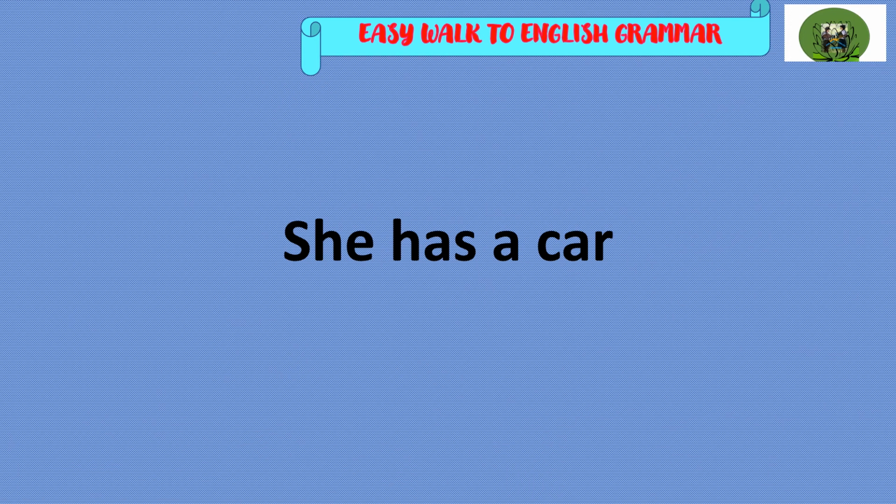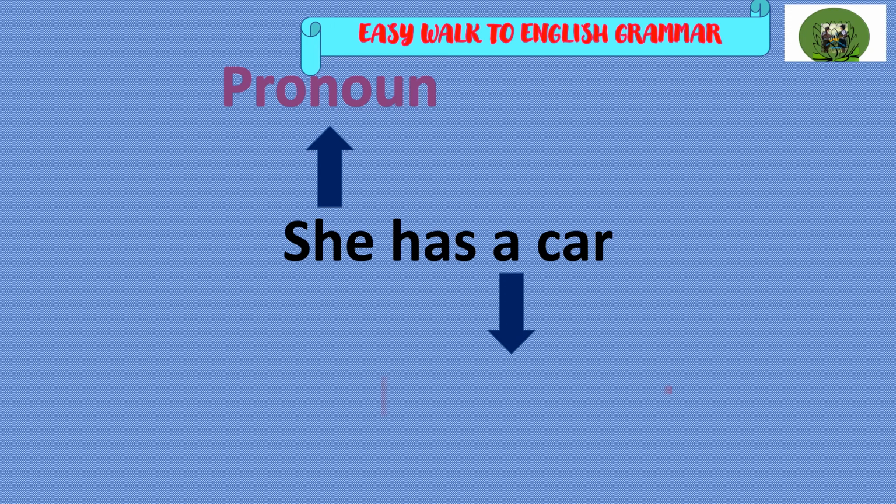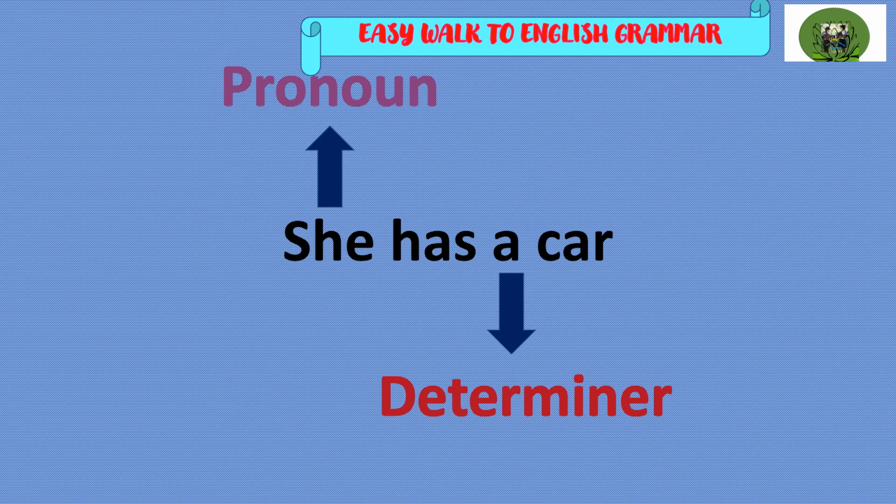We can look into another example that we have already dealt in this video a little before. She has a car. In this sentence, we know she is a pronoun and particularly a personal pronoun. A is a determiner because it gives us hint about the number of car.